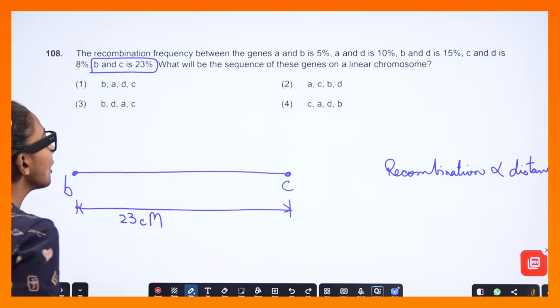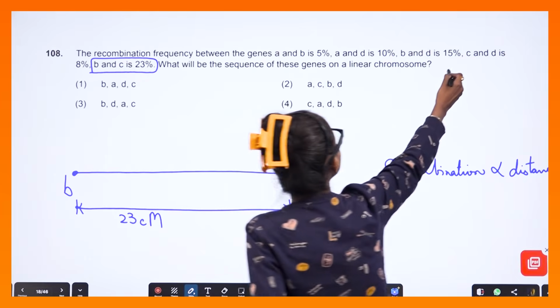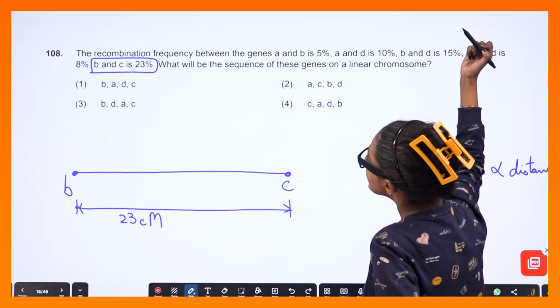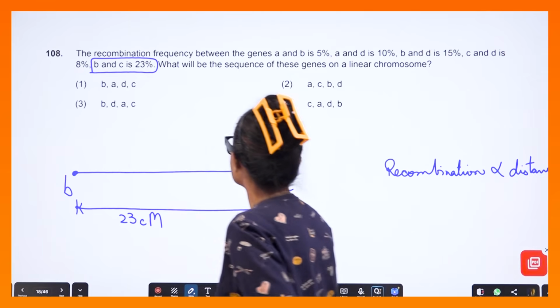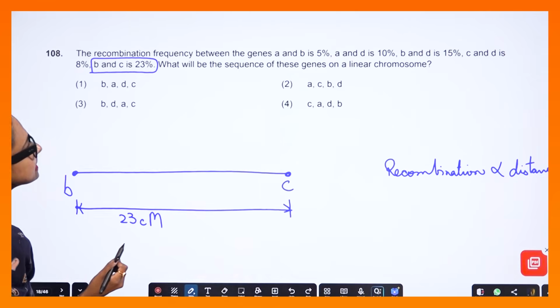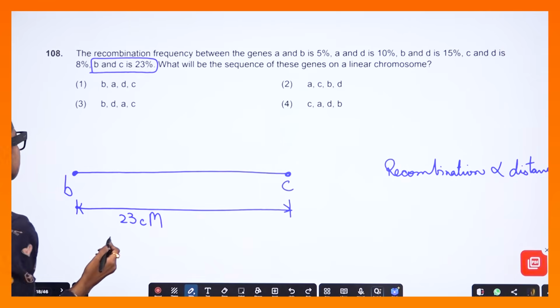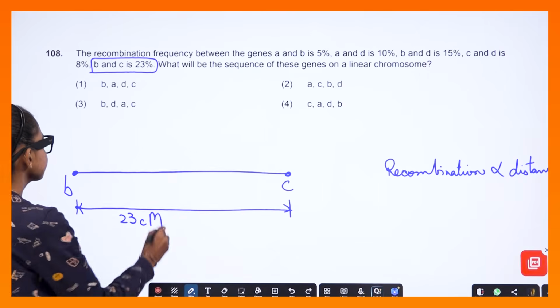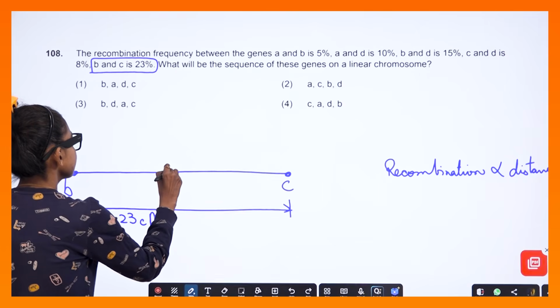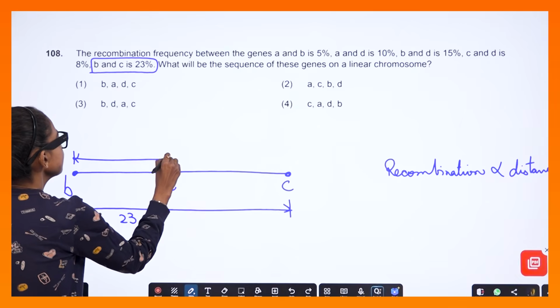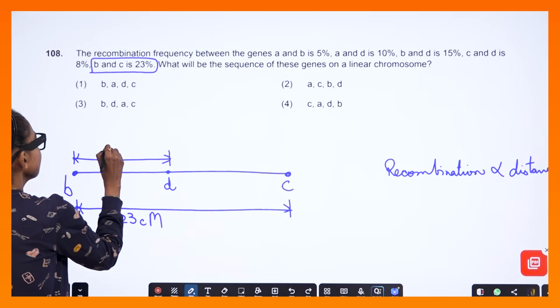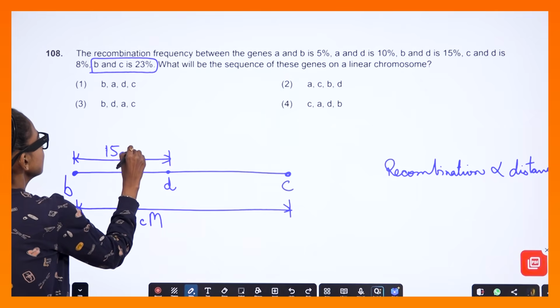Now BD is 15%. Let me put D here. BD is 15, so that becomes 15 centimorgan.